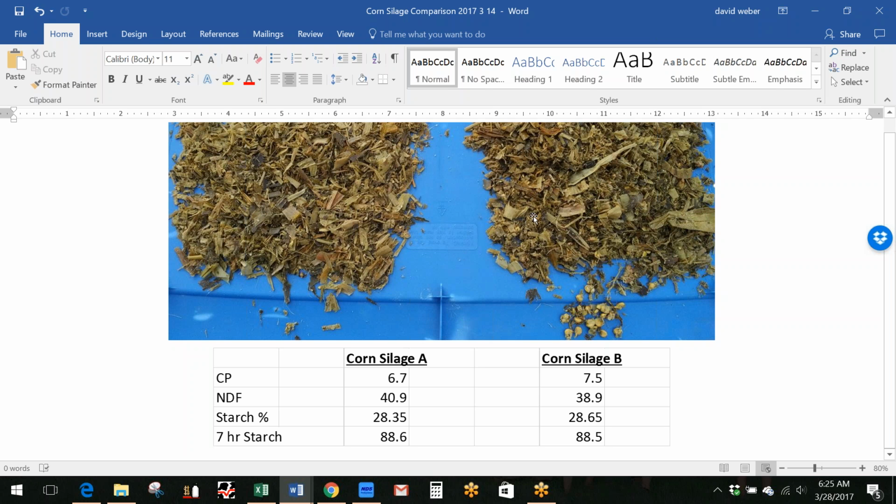The 7-hour starch test has some validity, but also as the nutritionist on site, we have to be looking at those samples, determining the processing score, and helping adjust that 7-hour starch number. So as you can see, I have 2 different samples here, one with 2 different availabilities of starch.